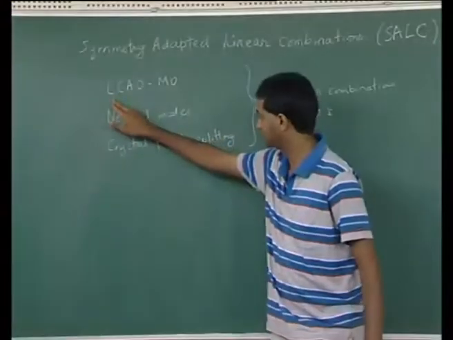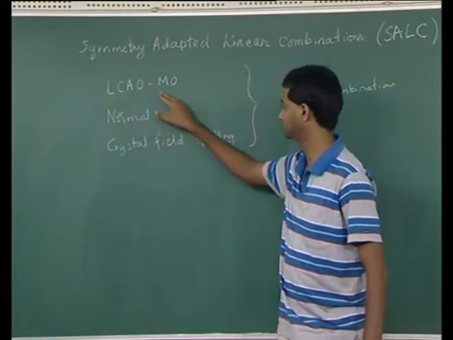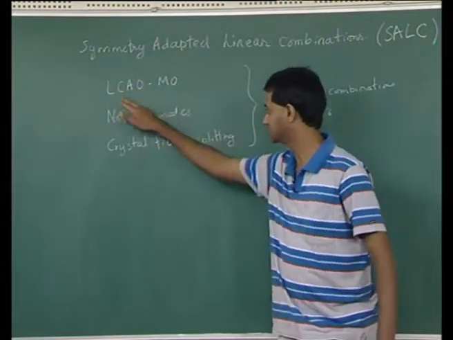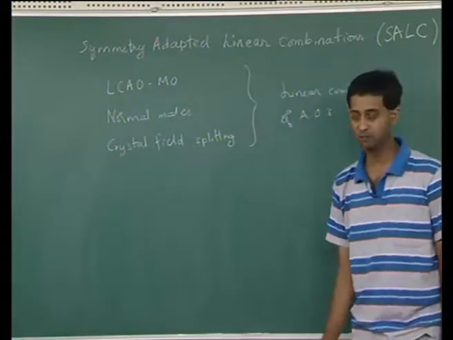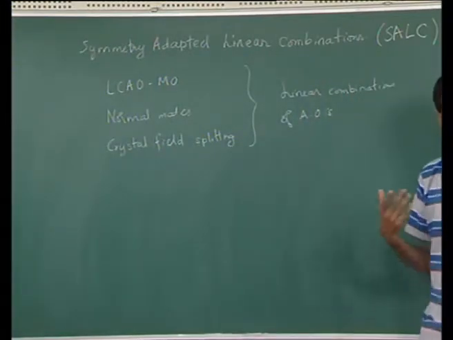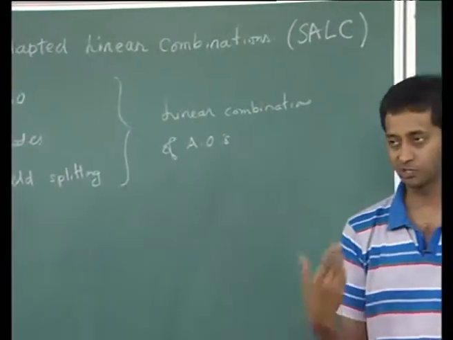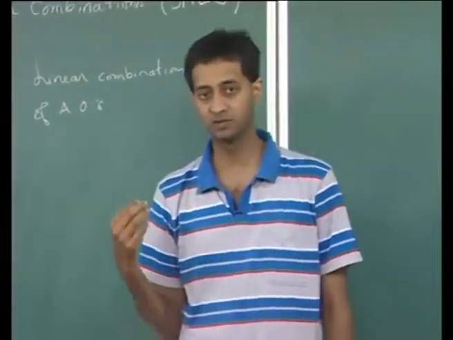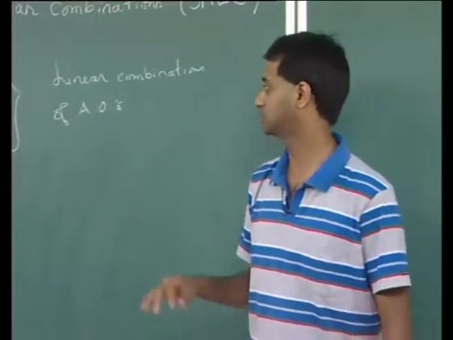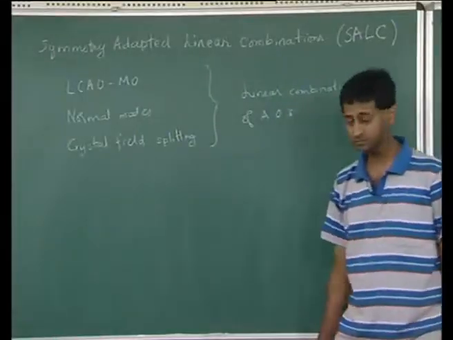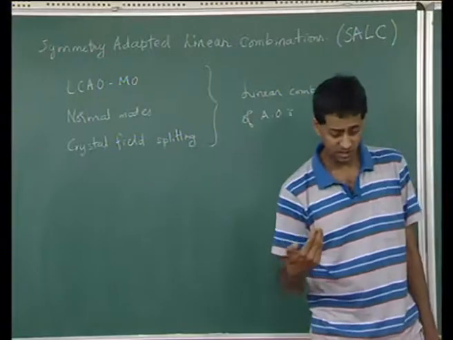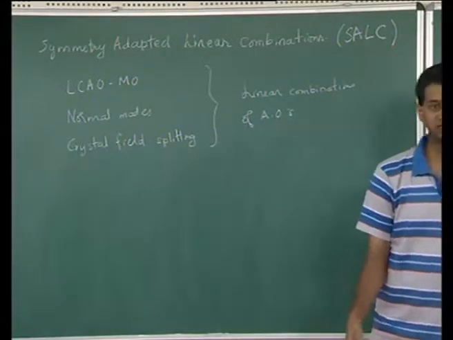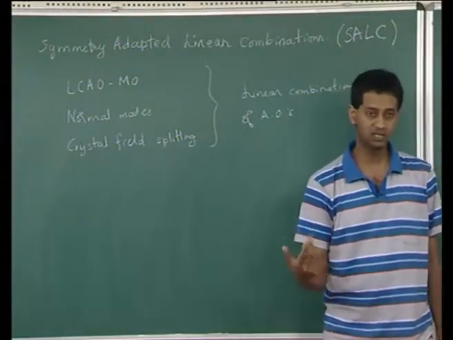You might have heard of linear combination of atomic orbitals giving molecular orbitals. This is a theory called LCAO-MO. Here what you do is you take your atomic orbitals, and by making suitable linear combinations of those atomic orbitals, you construct molecular orbitals. So the question is which atomic orbitals do you use to construct which molecular orbitals?